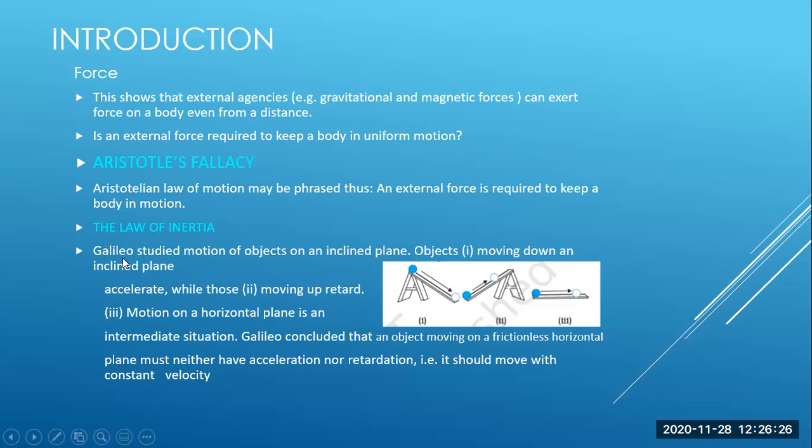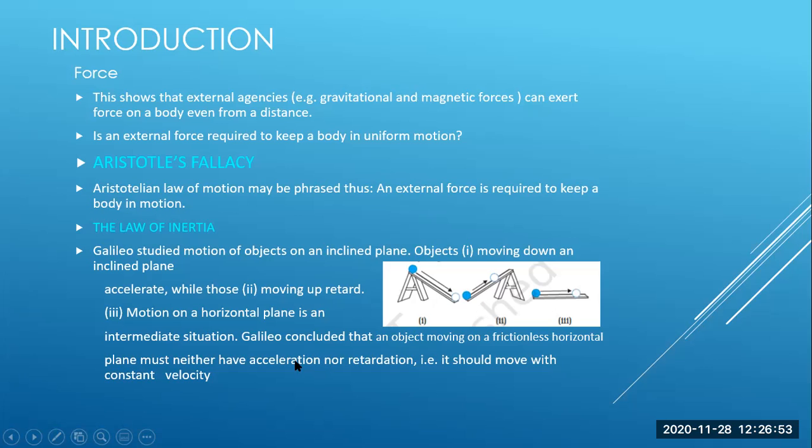It was Galileo who, in the beginning, observed this. Let's see these three simple experiments: a plane with a positive slope, a plane with a negative slope, and a plane with zero slope, a horizontal plane. The ball is coming down here, and also here the ball is coming down, but after coming down it goes up.